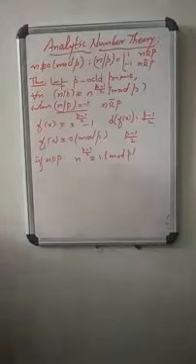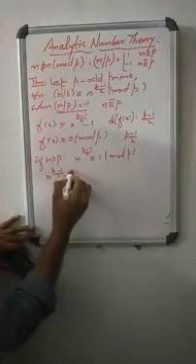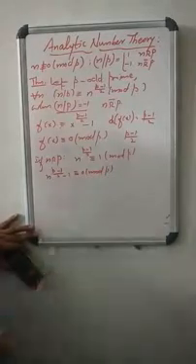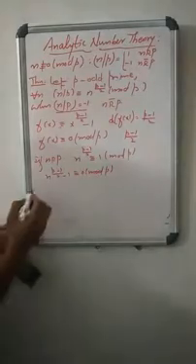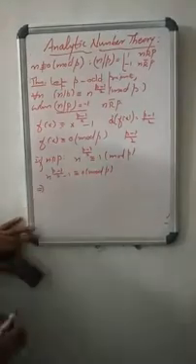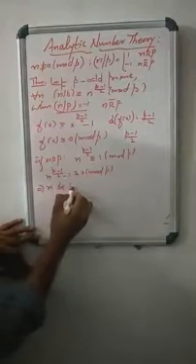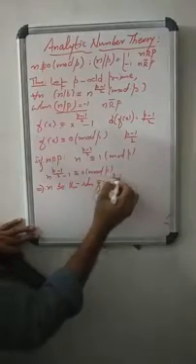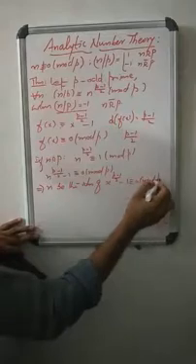That means n^((p-1)/2) - 1 ≡ 0 mod p. Okay? That means n is a solution of x^((p-1)/2) - 1 ≡ 0 mod p.